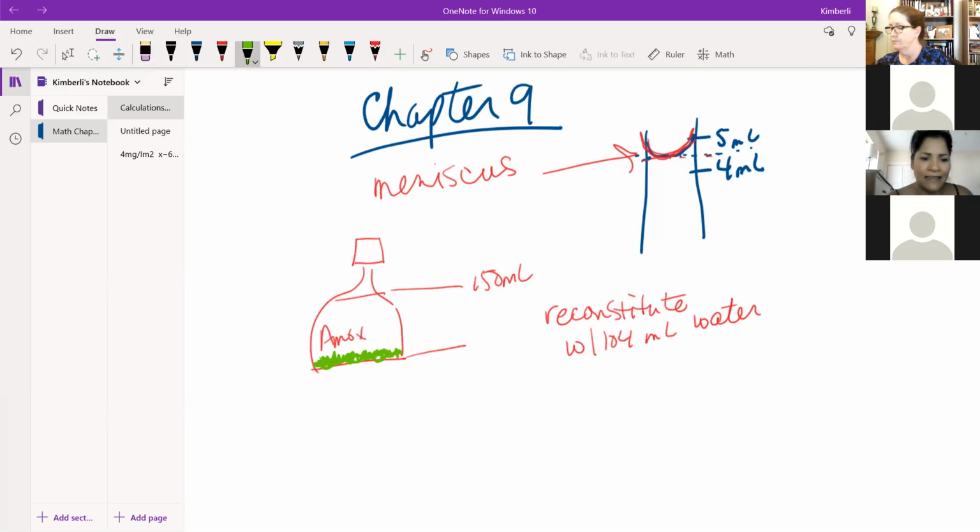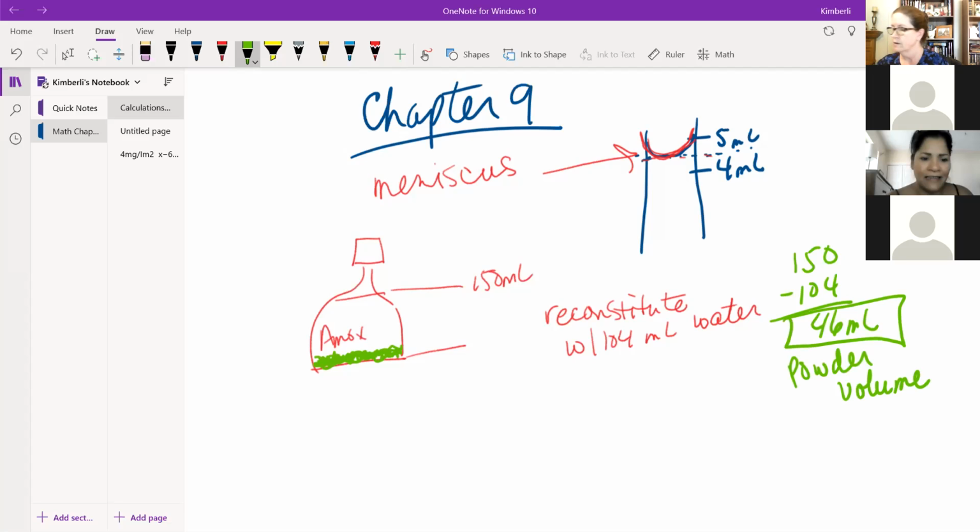So what we're going to do is take the 150, subtract the 104, and we have 46 milliliters that we didn't have to put in here because that's the space this powder is taking up, right? So that's called the powder volume. Okay, so the powder volume is 46 milliliters.